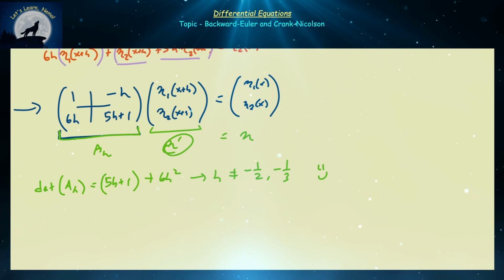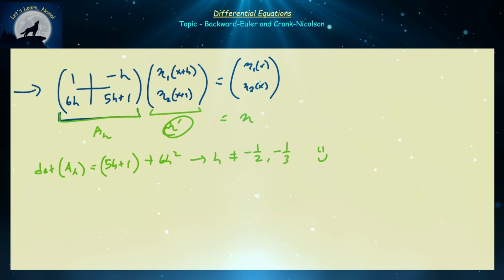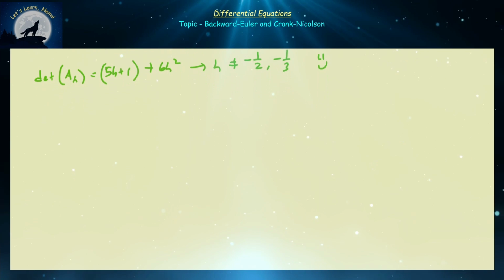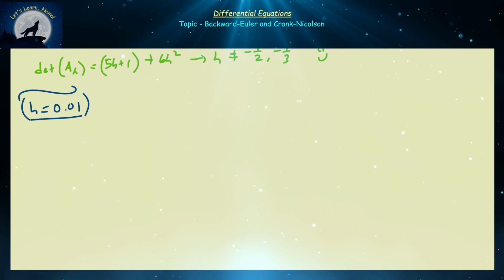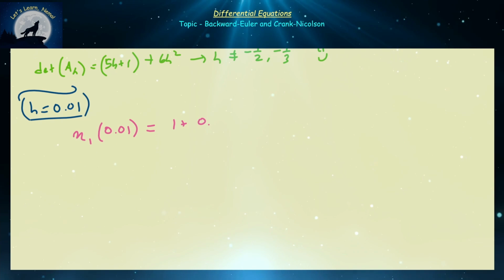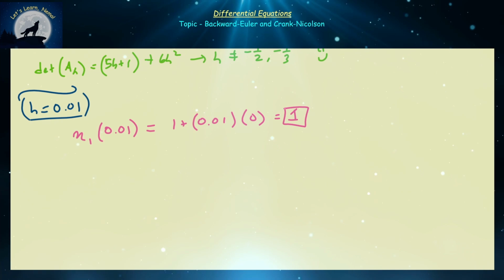So now let's start to generate our numerical solutions with these iterations that we have already built. Let's assume that h is chosen to be 0.01, and we're going to do this for the forward Euler and backward Euler schemes. So what are we going to have? We're going to have eta 1 at 0.01 equal to 1, the initial condition of eta 1, plus our h times the value of eta 2 at our initial condition, which is 0, which is trivially going to be equal to 1.